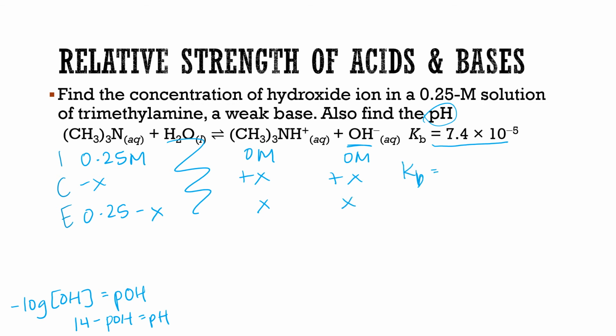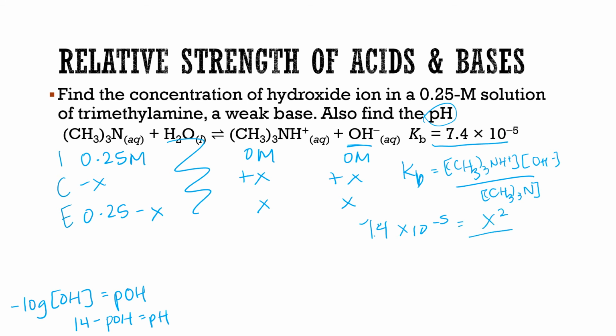Kb is equal to products over reactant. And then this is so small, 7.4 times 10 to the negative 5, that I can ignore the x. So I get x squared over 0.25 because it's x times x on the top.